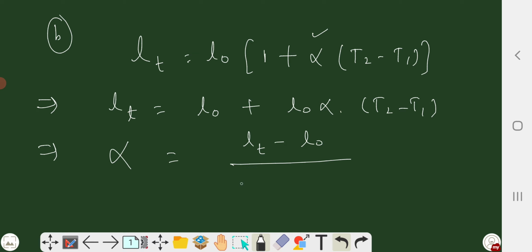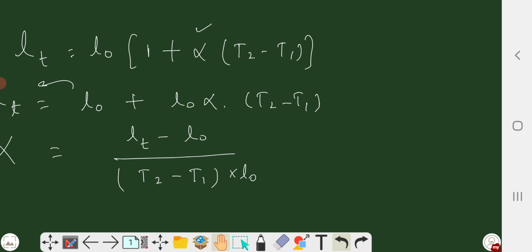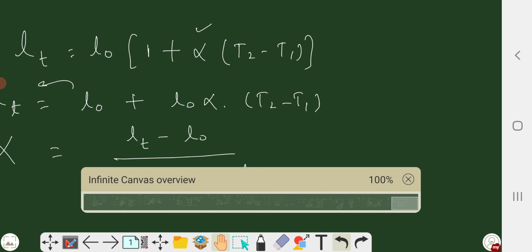Is it clear? This will go to this side, and after division you will be getting it like this. Now I will be writing the formula for each term.